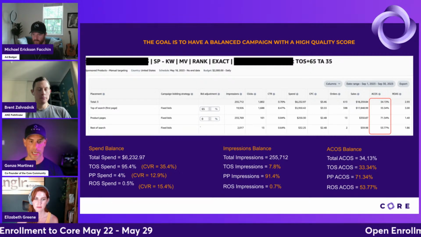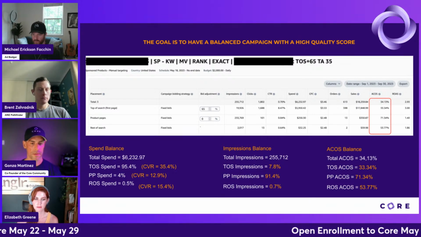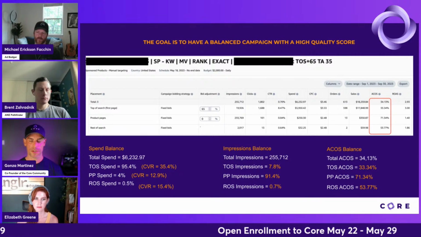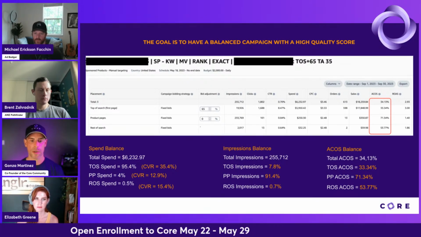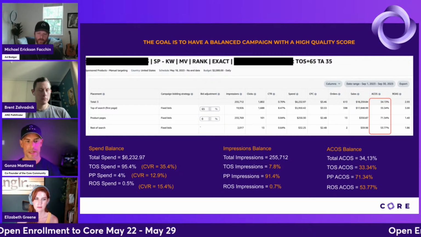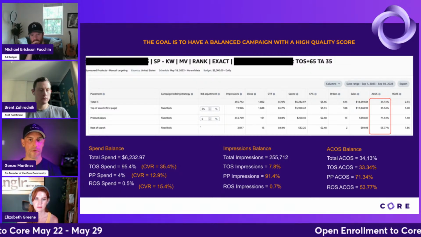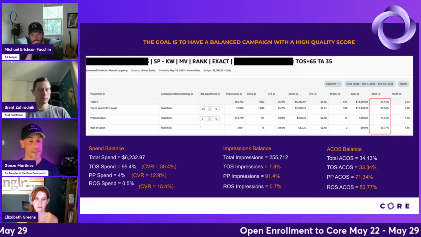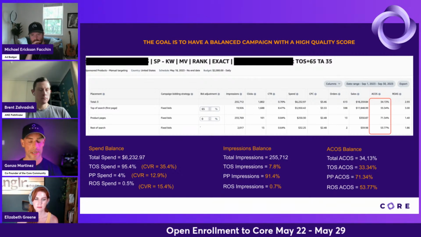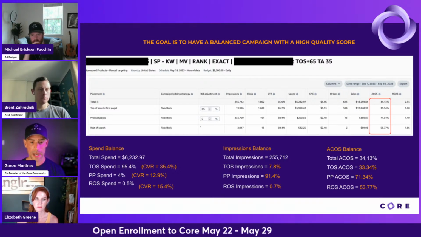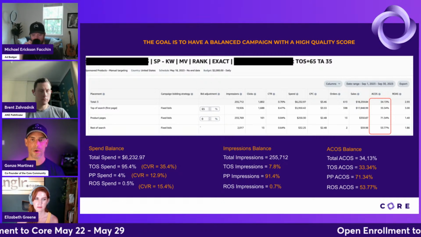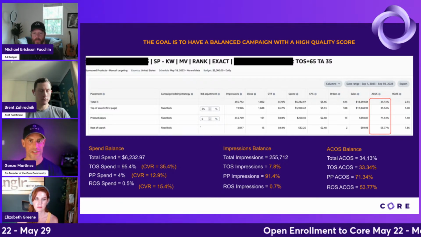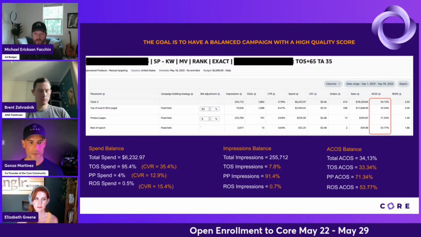Normally, and I talk with people within my team, the first thing I tell them when we're training is don't panic when you see 71% ACOS on product pages. Because if you look at the amount of spend, it's only 4% of the spend. Amazon understands this. Amazon is not worried about it. You should not be worried about it, because that 71% is not impacting your overall campaign performance. It's just not moving that needle, right?